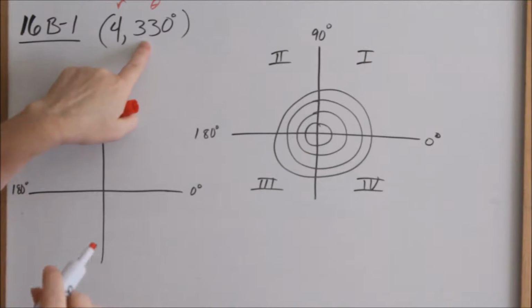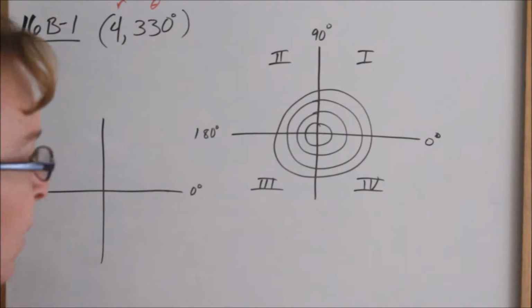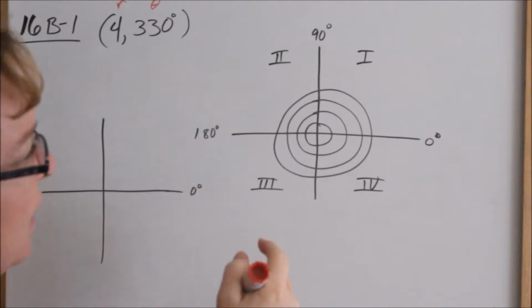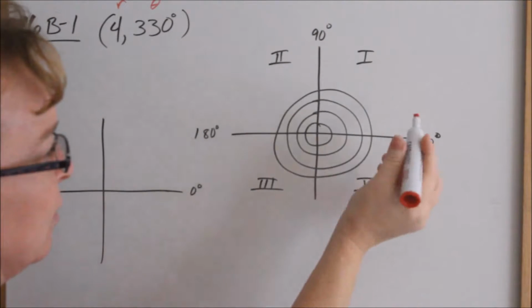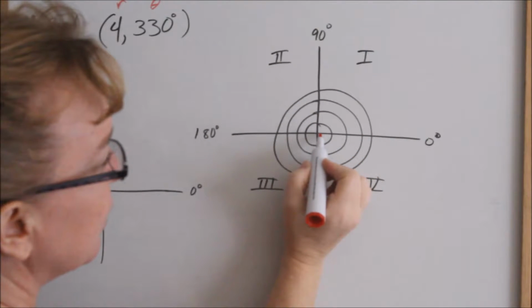But we need to put that point at 330 degrees. Okay, which quadrant is that going to be in? That's going to be in quadrant 4, because it's a positive angle, so that means we are rotating in the counterclockwise direction. So we're starting at 0, and then we're going to go around to where we're at 330 degrees.